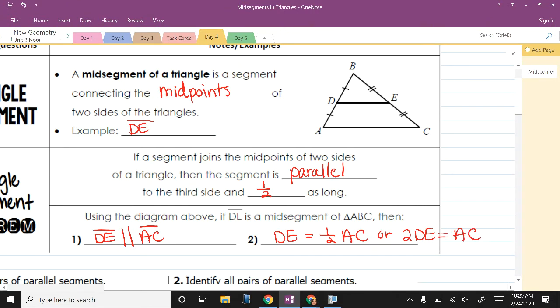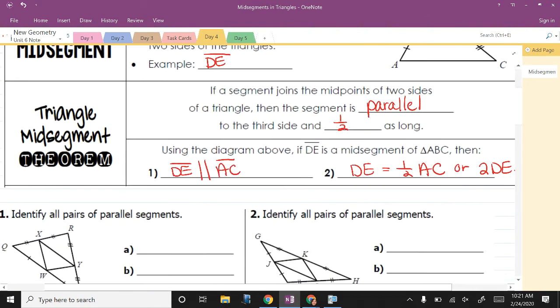Right? So I could use that both ways. Because if I wanted to get rid of this fraction, I would multiply both sides by 2, and I would get this equation. So I can double the mid-segment to get the bottom segment, or I can half the long segment to get the mid-segment. Either one of those equations will work.